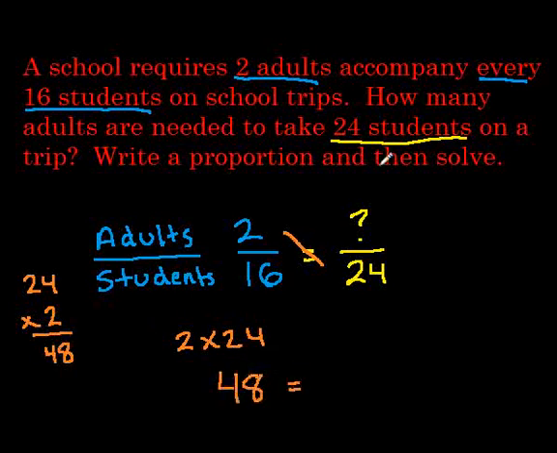I want to see if that equals 16 times the question mark. Once again, what I want to do is get the question mark all by itself. So to do that, I need to do the opposite of multiplication, which is to divide by the 16. If I divide by the 16, it cancels, and the question mark comes down.